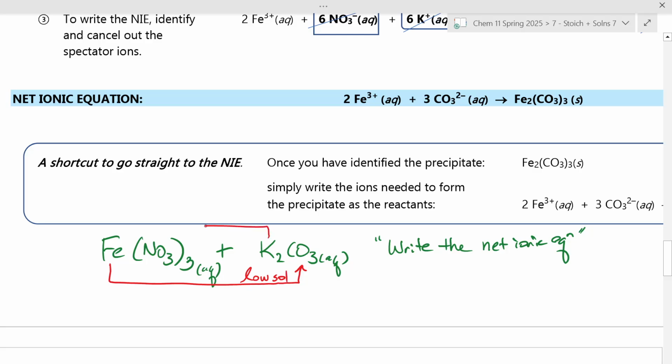You combine your inside ions, and without even writing it down, you know you get something that is soluble. So my solid product is Fe2(CO3)3, and that's a solid.